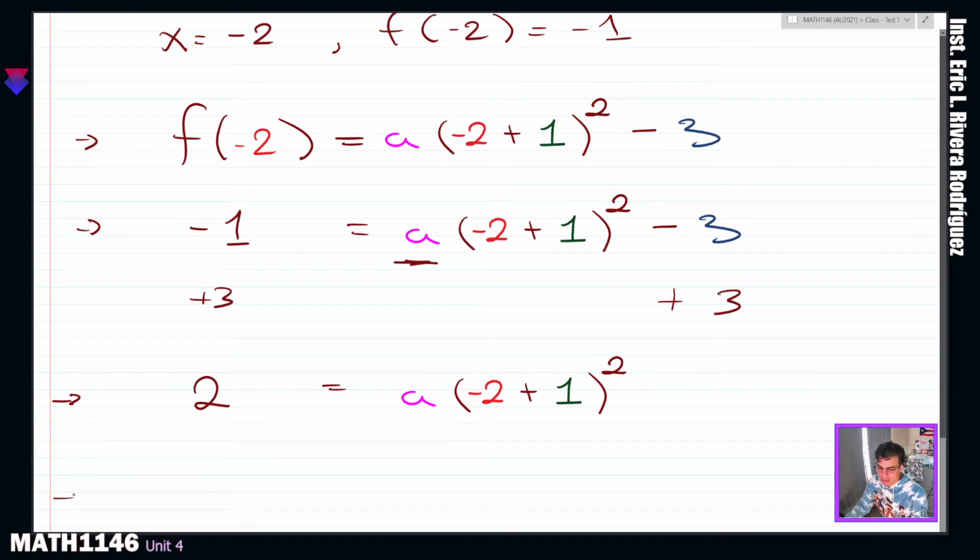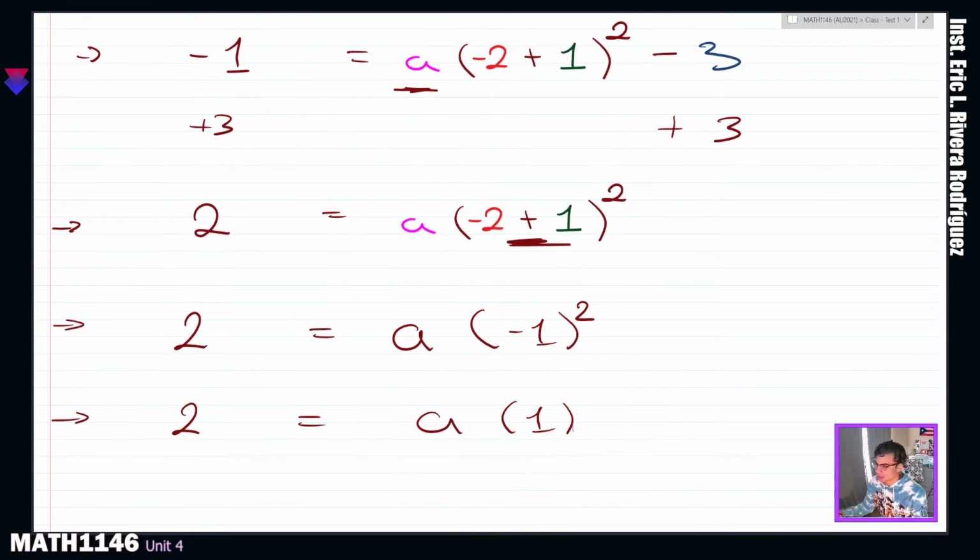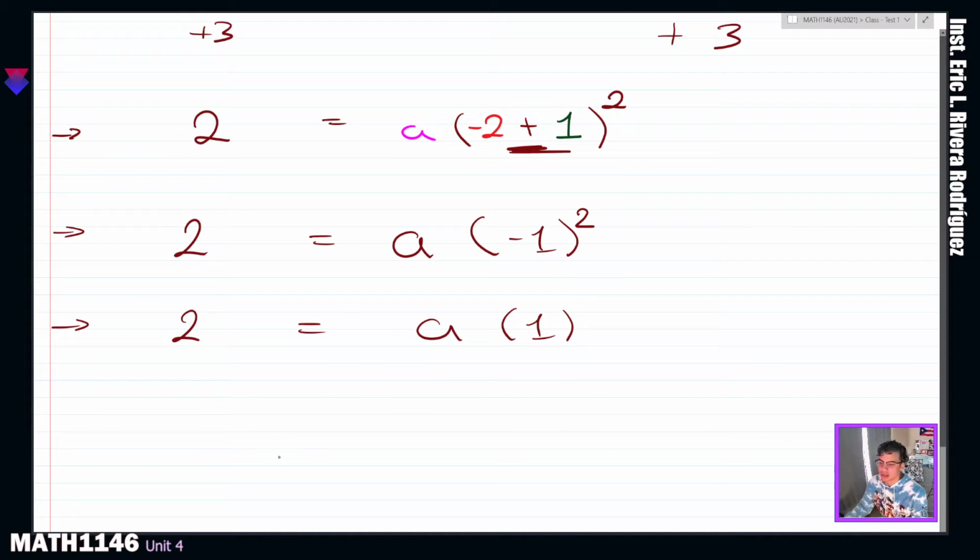Also, I didn't do that, but we can solve this first. What goes inside is -1, all that squared, and then 2 equals A. The -1 becomes positive because of the exponent being even.